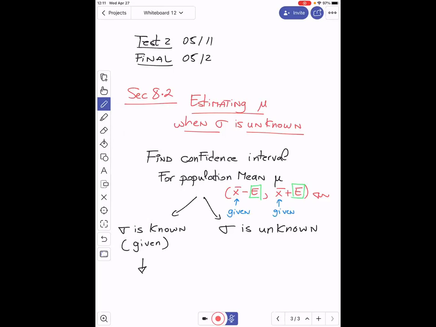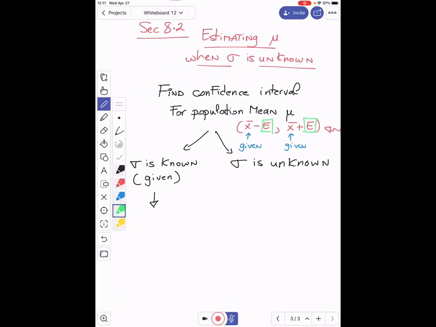When sigma is known, when it's given in the problem, we actually use a normal distribution, and E is given by z subscript c times sigma over square root of n.